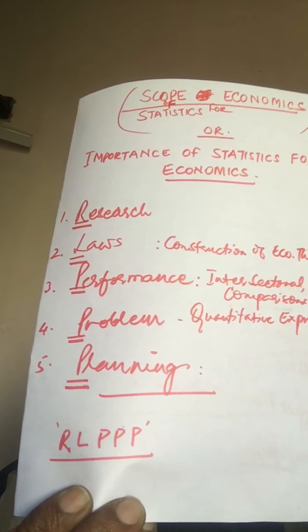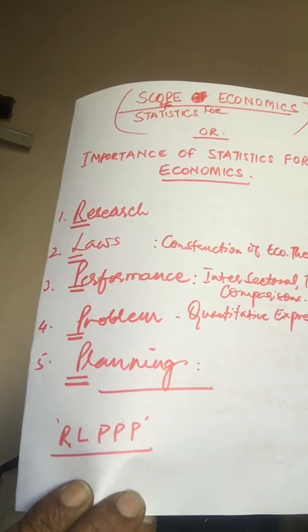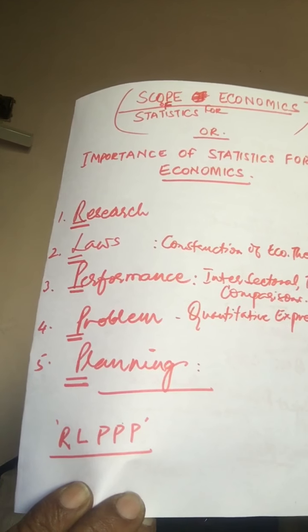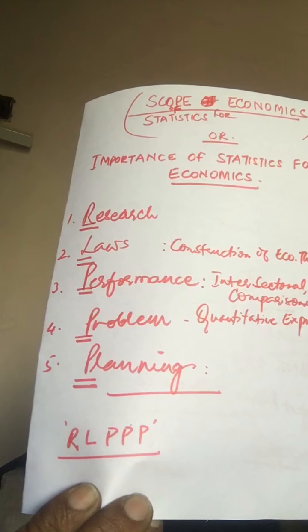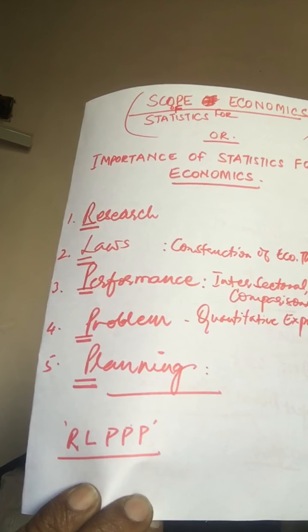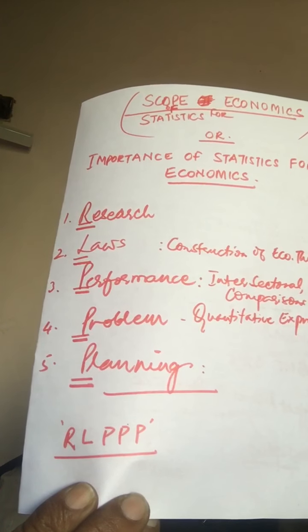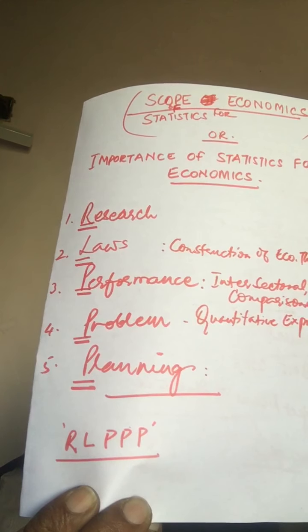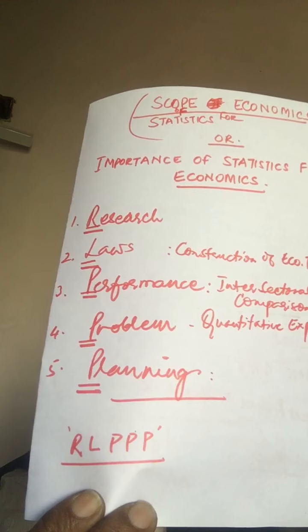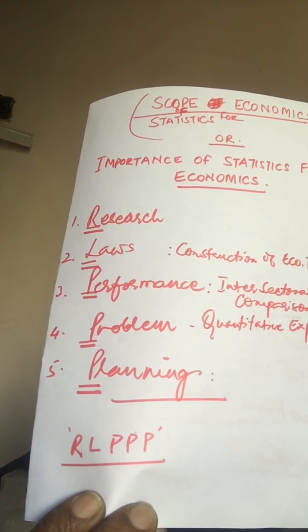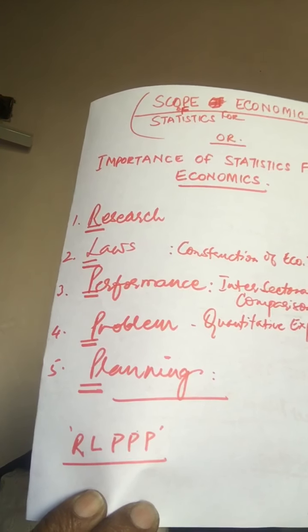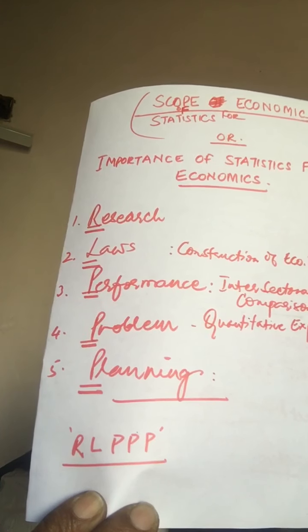It's like a report card of the country, with which you can understand the performance of the economy. It provides the basis for comparing the performance of an economy over the years. For example, on the basis of data relating to income and per capita income over the years, you can infer about the performance of the economy.